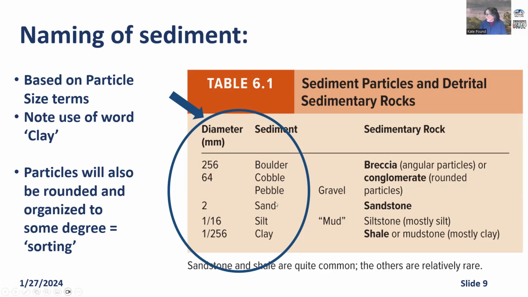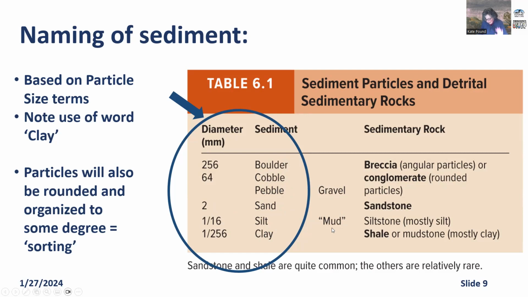Before we move on, I just want to point out that sediment made up of pebbles, cobbles, and boulders is often lumped into gravel. Sand is sand. The word sand just refers to particle size. It has nothing to do with what the particles are made up of. Silt and clay are often grouped together in the word mud.